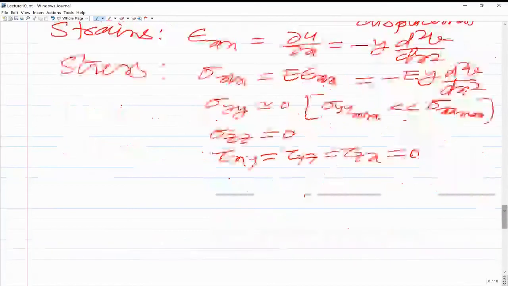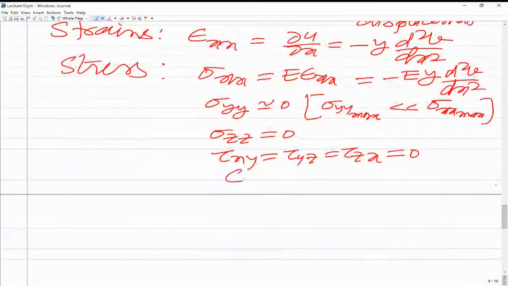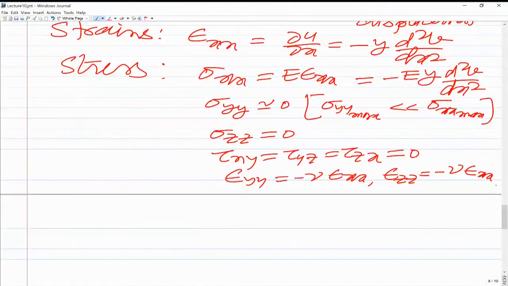If you look at the strain, from the Poisson's effect you will have epsilon yy equal to minus nu times epsilon xx, and similarly epsilon zz equal to minus nu times epsilon xx. So this is a complete picture of the stresses and strains in the element.